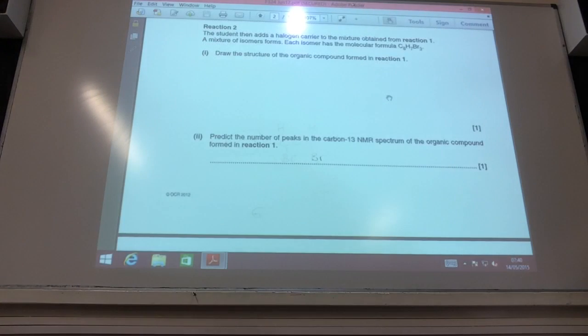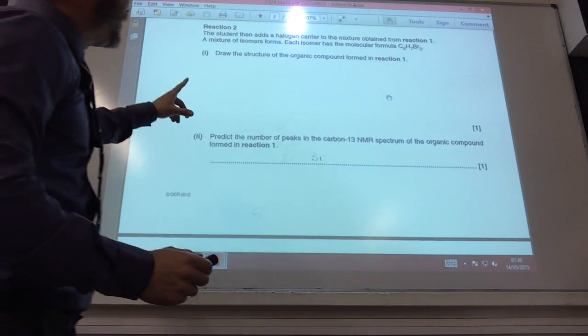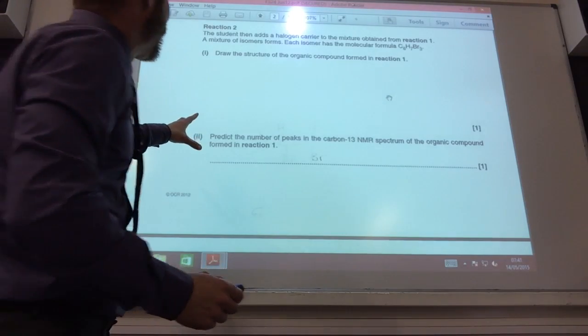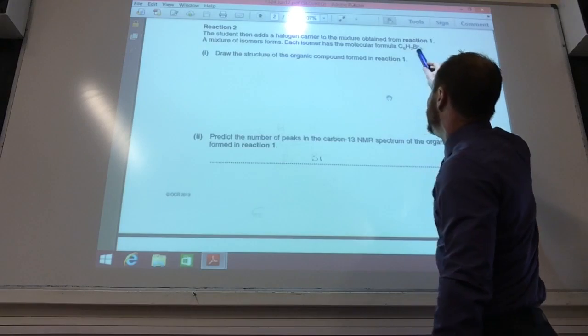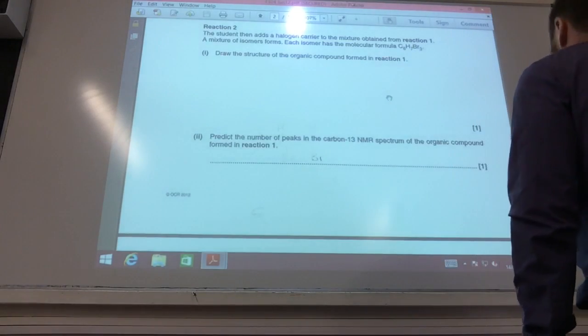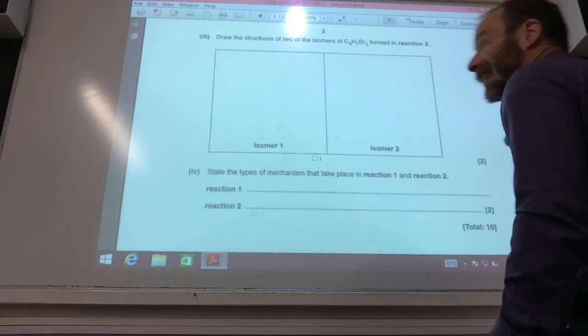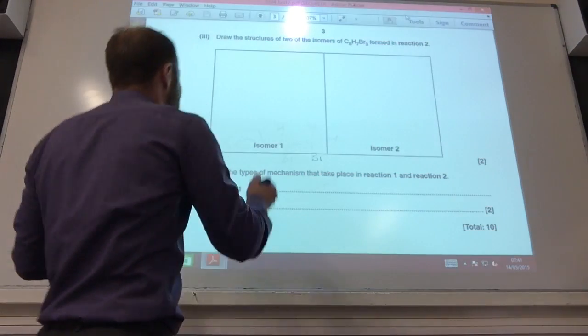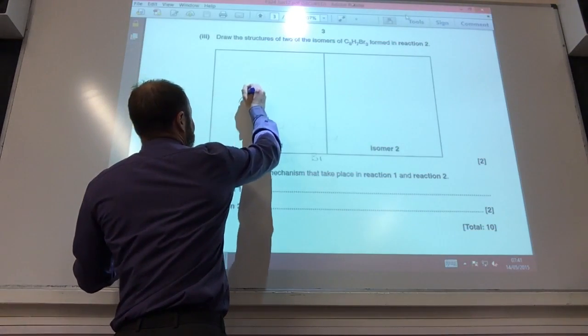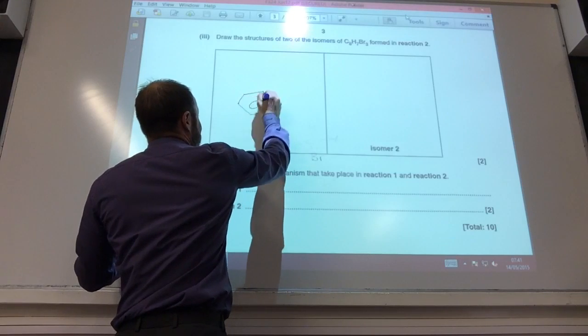In reaction 2, I now add a halogen carrier to the mixture obtained from reaction 1 and obtain a mixture of isomers. They now have 3 bromines on it. So I've got a halogen carrier. That, of course, is a key little hint to us that obviously we put a bromine onto my benzene ring.